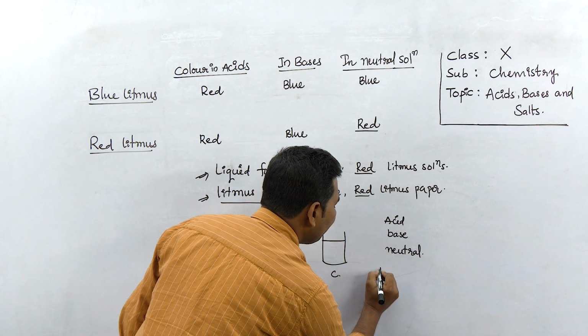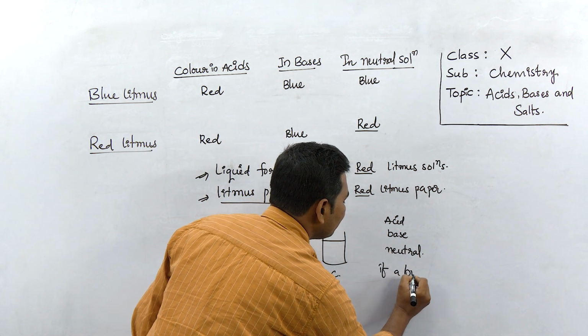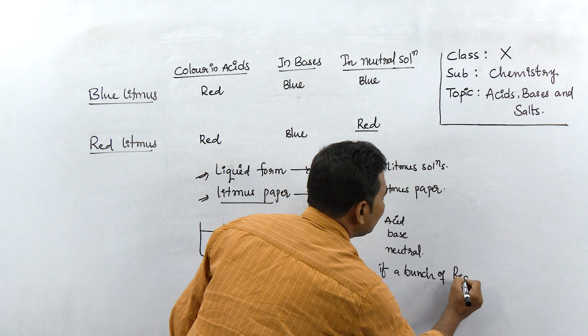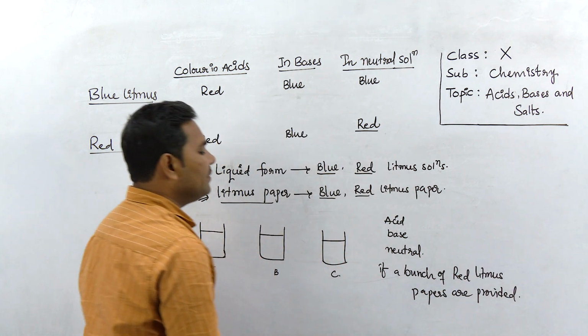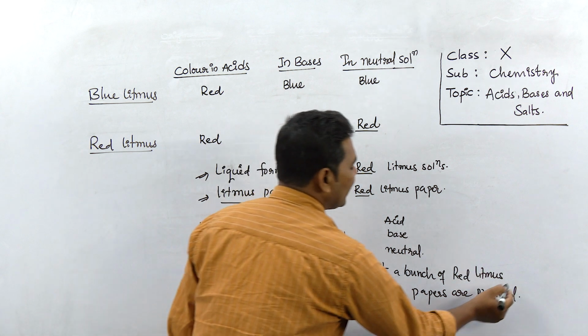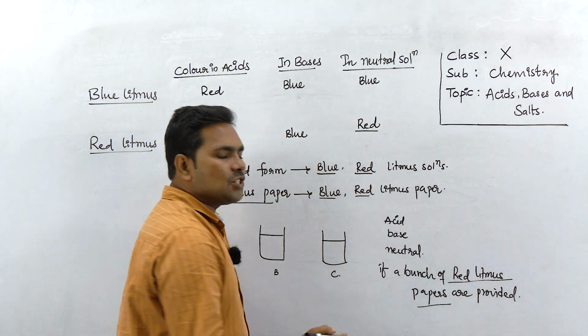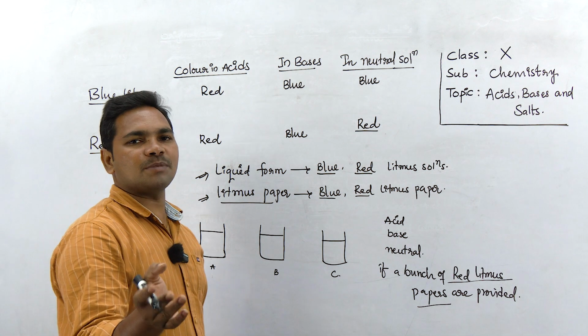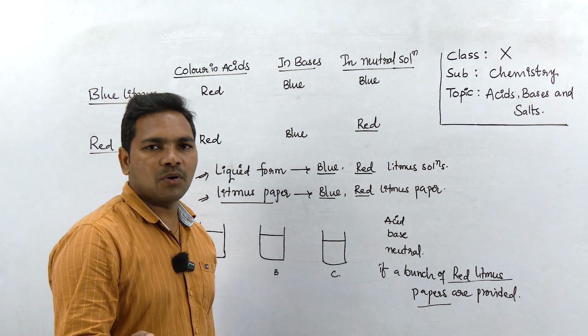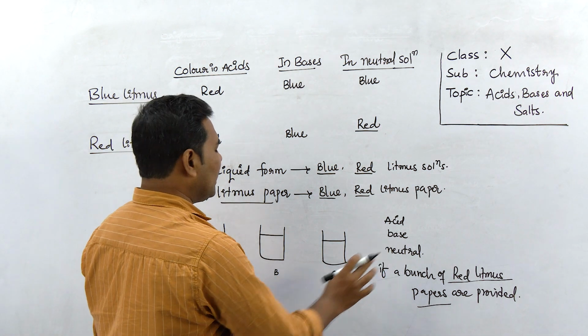Let's say a bunch of red litmus papers are provided. Then how can we use this bunch of red litmus paper? I am repeating, it's not one litmus paper, it is a bunch of red litmus papers, and we are not provided blue litmus papers, only red litmus paper.